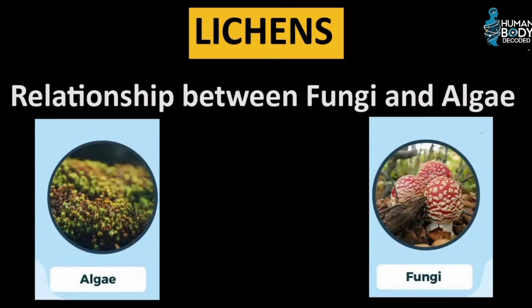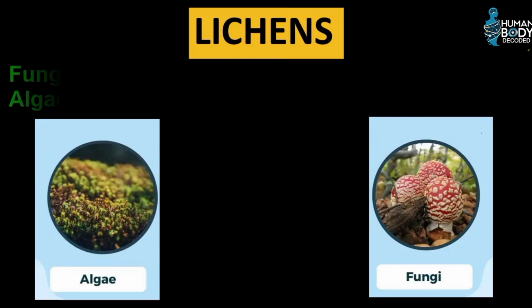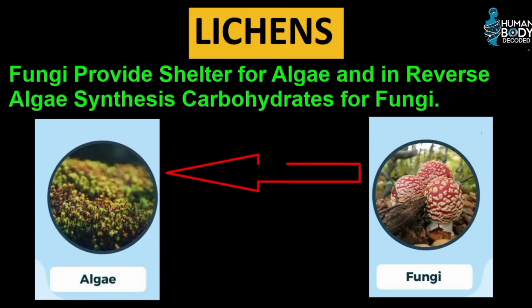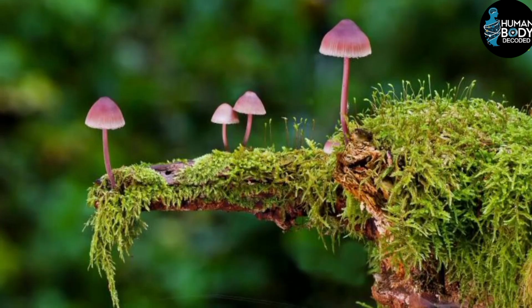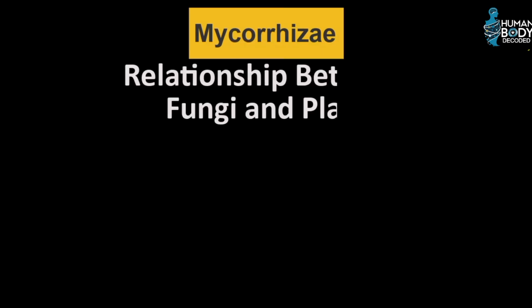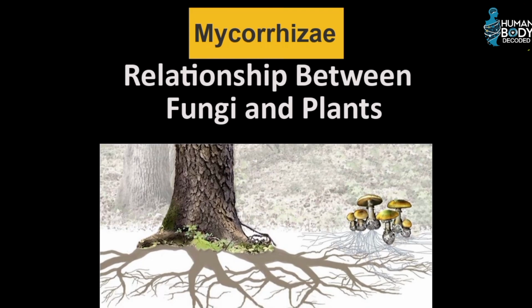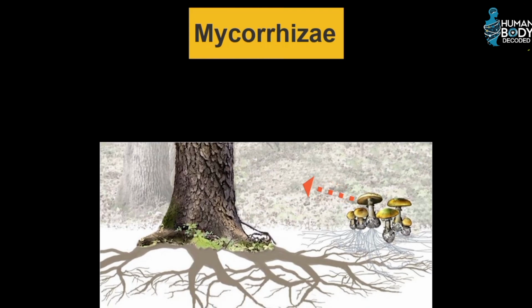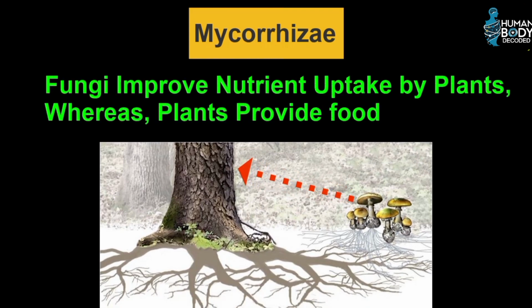In this relationship, fungi provide shelter to algae, while algae, in turn, provide food to fungi. The second example is mycorrhizae, which is a relationship between fungi and plants. In mycorrhizae, fungi help plants with nutrient absorption, and in return, the plant provides food to the fungi.